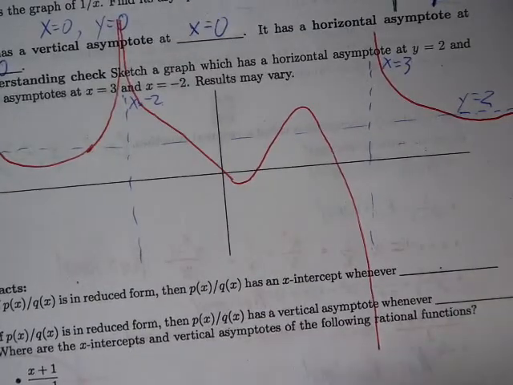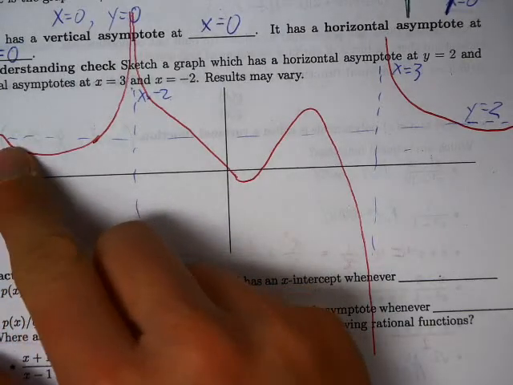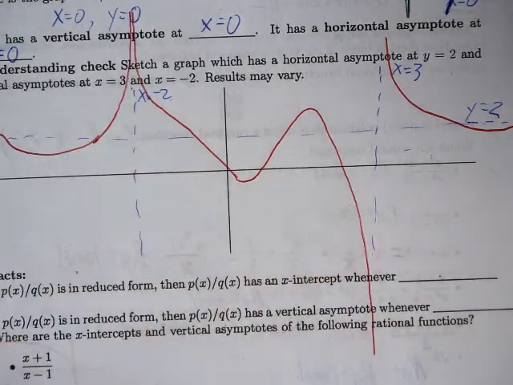Does anyone feel upset or offended at aspects of this graph? What do you find offensive? Yeah, there's something upsetting about the fact that I crossed that horizontal asymptote. Functions are allowed to cross their horizontal asymptotes, because horizontal asymptotes only care about what happens very far away from the origin. All of these places where you see crossings, those aren't very far away from the origin.